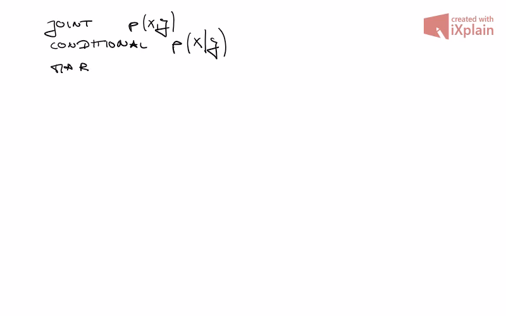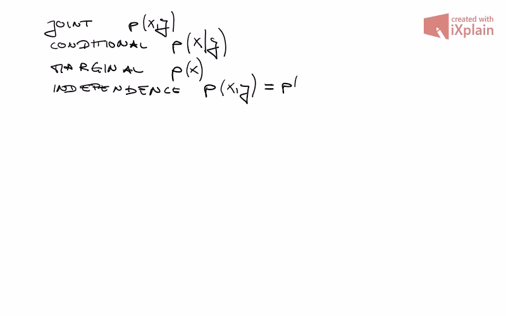Marginal, which are of course just distributions over one random variable, but in a joint case are computed by summing over the other one. And independence, by this factorization property. Good. So this is where we are essentially at, and I hope I have now given you at least some intuition about these things.